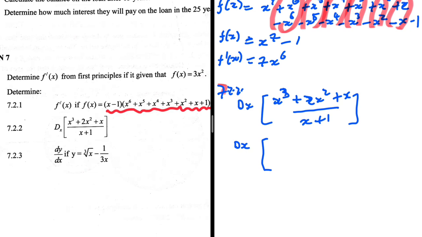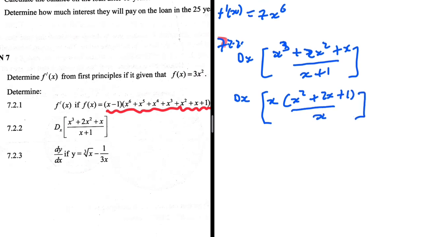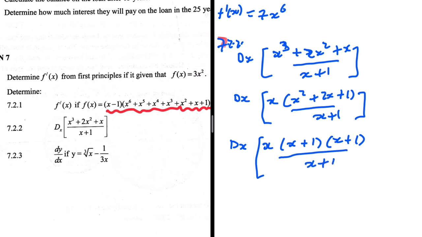So let's take a common factor of x on the numerator. We're going to get x squared plus 2x plus 1. You can already see what is happening here. Then, with d/dx, we have the common factor of x, and now we factorize x squared plus 2x plus 1, which gives x plus 1 multiplied by x plus 1, everything divided by x plus 1.